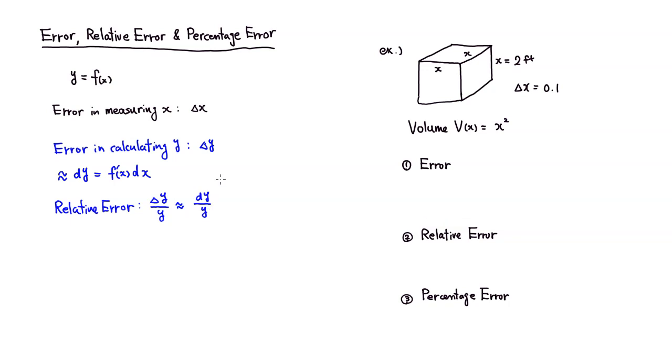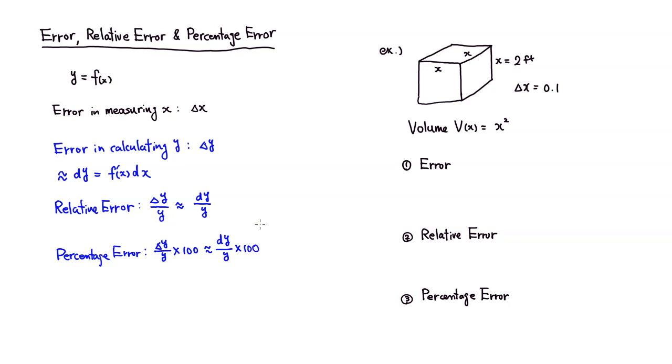And a percentage error is simply, because the relative error is a ratio, you just multiply by 100, turning it into a percentage. So this can be approximated by dy over y times 100.